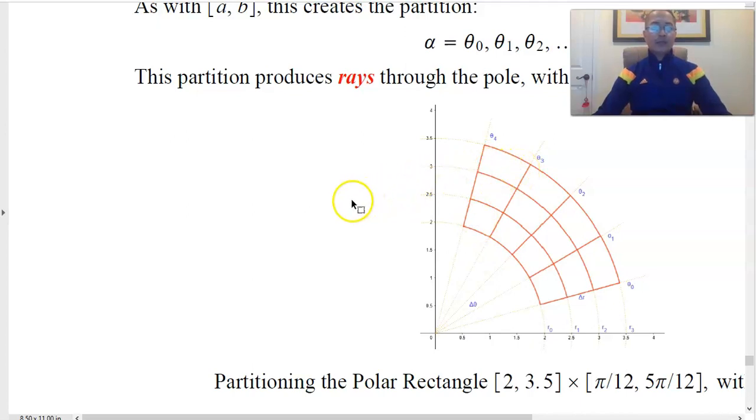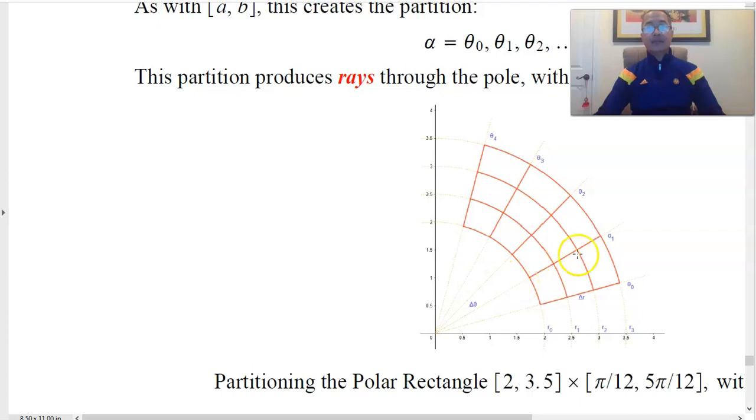So when we set up the double integral several videos ago, we had delta A is delta x times delta y, okay? There's no more delta x, delta y over here, okay? We have delta theta, which is an opening, an angle, okay?